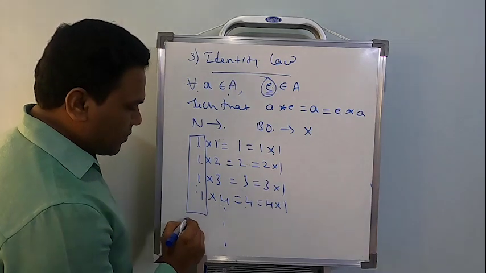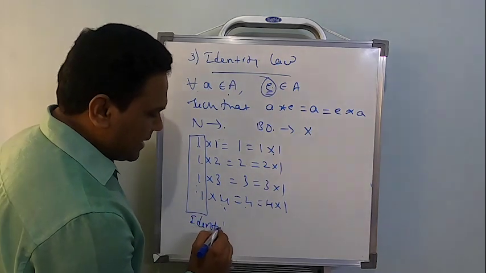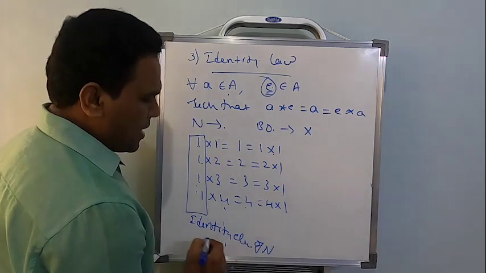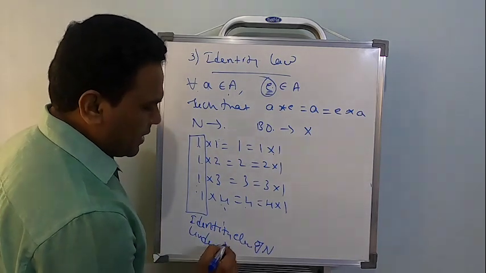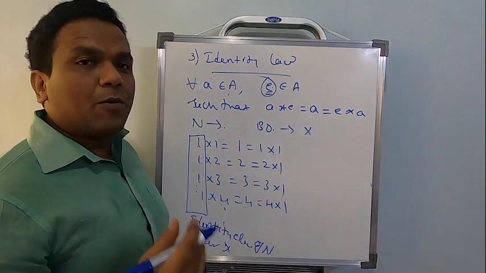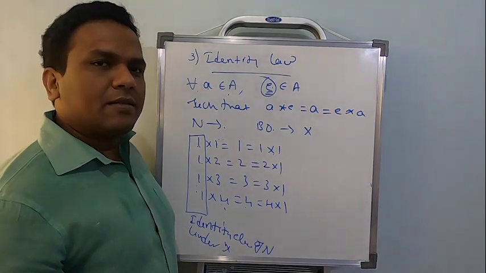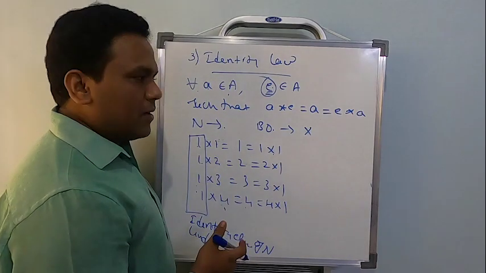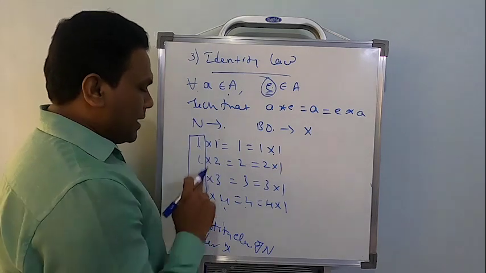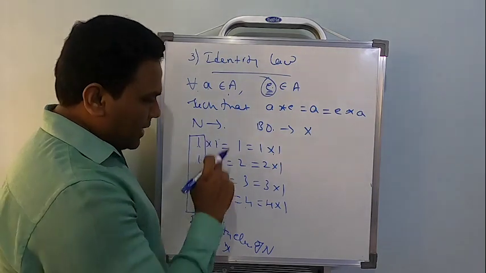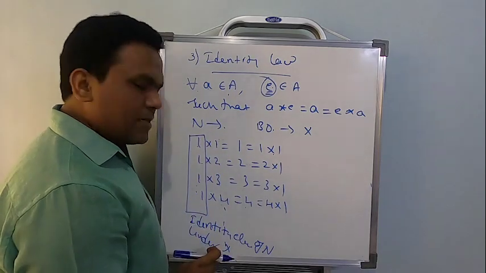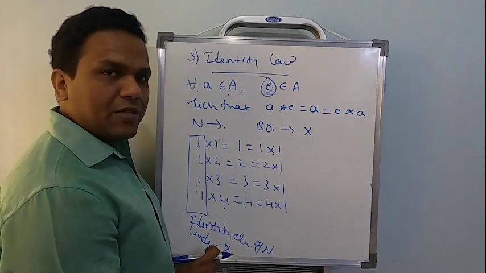In such case, this will be called the identity element of natural numbers under multiplication. So if in a given set it is possible, every time you cannot say it exists. So whenever you multiply one particular element to any natural number, you will get back the same natural number, then this one will be called the identity element under multiplication.